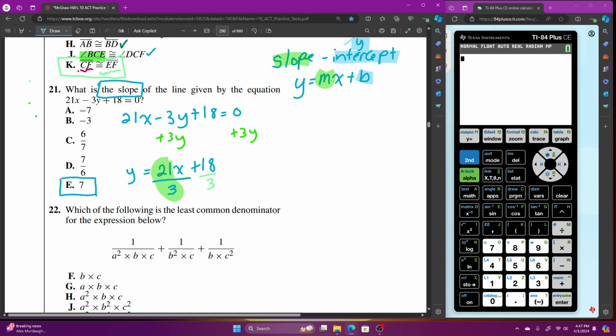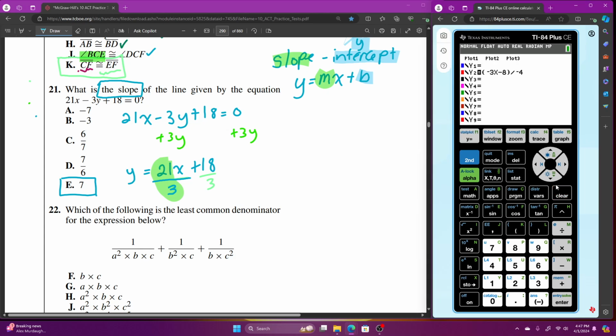Or from right here, you could put this on the calculator and look at the graph. Clear, y equals 21 thirds x plus 18 thirds.